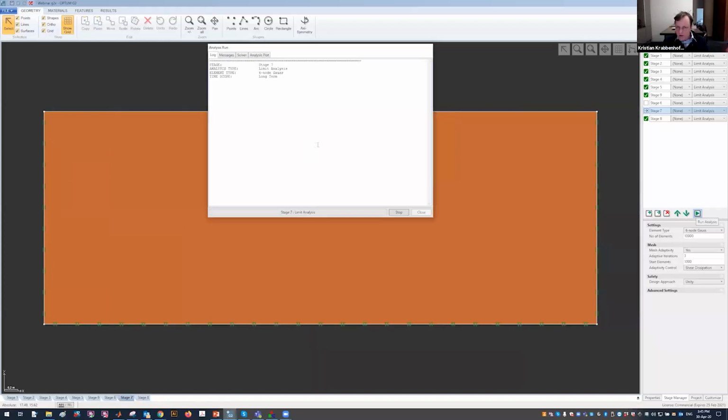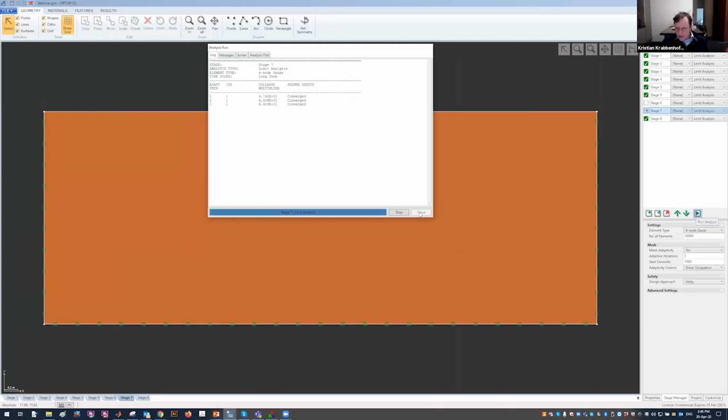It doesn't require any load displacement analysis or the usual simulation approach. It's just one quick calculation that gives you the result. And there's mesh adaptivity included in this run as well. So that's for limit analysis.